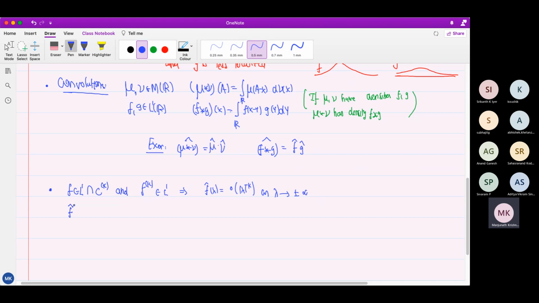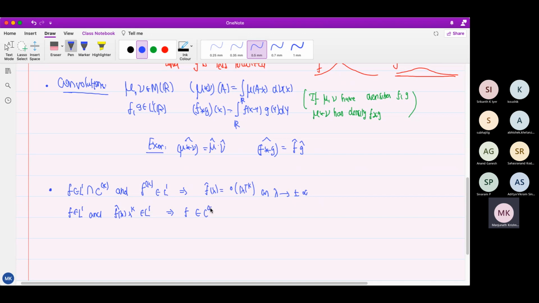Similarly, suppose f is an L1 function and f hat of lambda times lambda to the k is L1, that means f hat decays fast.